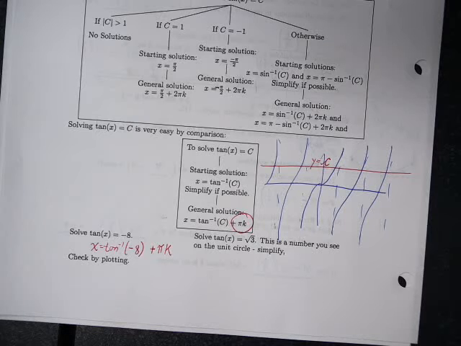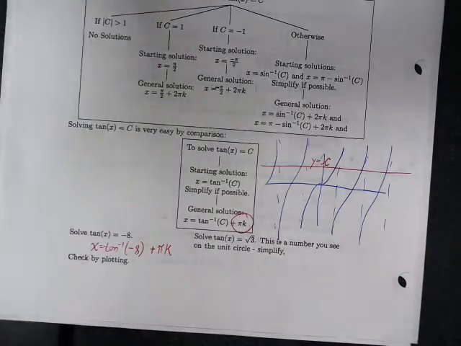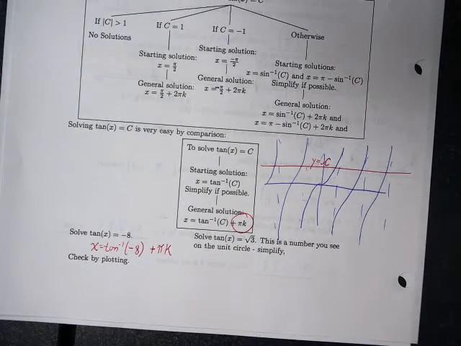Root 3 over 2, comma 1 over 2. So what is the tangent corresponding to that? Right, it'll be y over x. Be this divided by that. The over 2's will cancel. You'll get 1 over root 3, or simplified root 3 over 3. Here we see root 2 over 2, comma root 2 over 2.